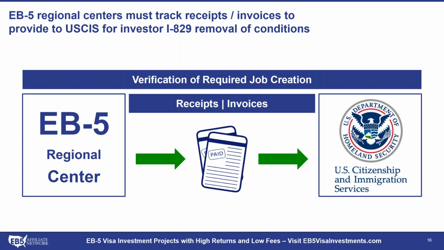And that's going to be based on a projection of what the project's costs and revenues are going to be, right? Then later on, at the end of the EB-5 immigration process, the investor is going to have to demonstrate that the project actually did create at least 10 jobs for his individual I-829 petition to be approved.